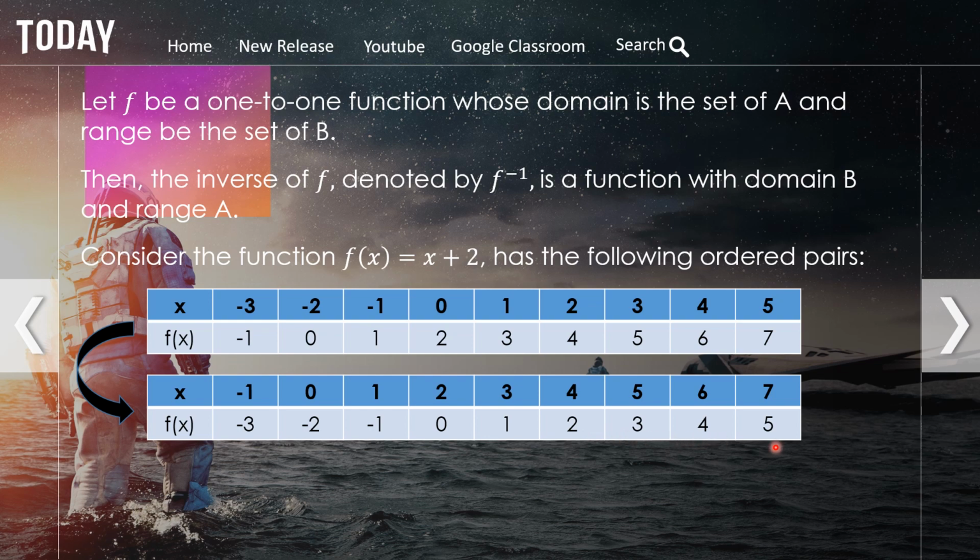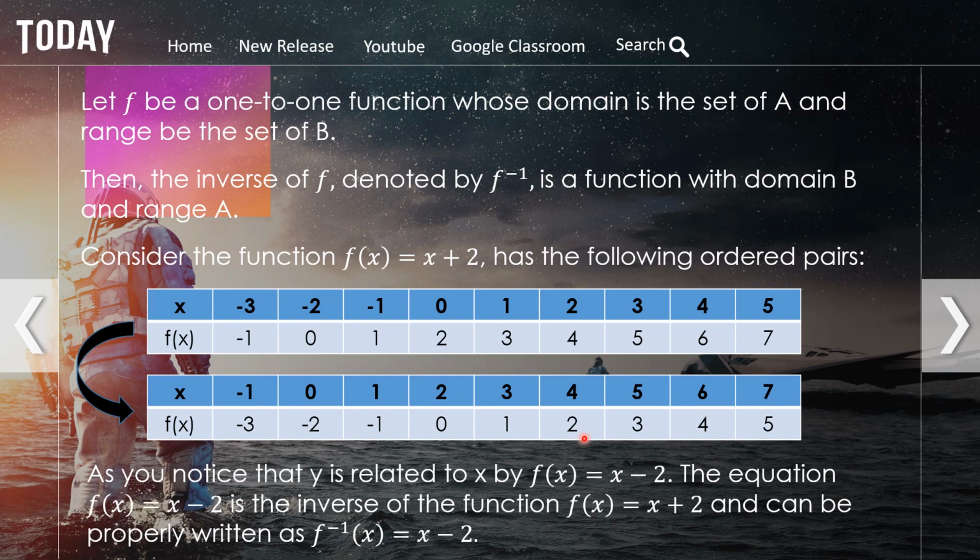As you notice, y is related to x by f of x is equal to x minus 2. Then the equation f of x is equal to x minus 2 is the inverse of the function f of x is equal to x plus 2 and can be properly written as the inverse of x, which is equal to x minus 2.